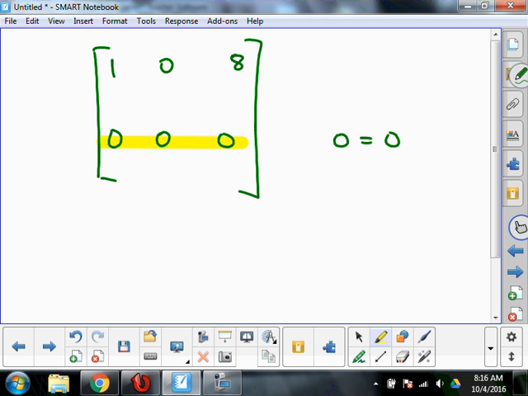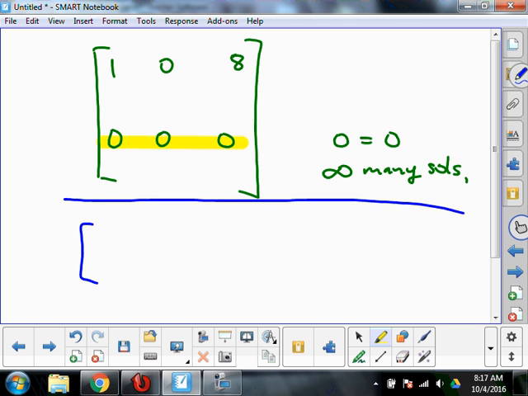Using the special systems like you're supposed to do on Friday's quiz. When you get an identity equation like 0 equals 0, what's true of the original equations? There were many solutions. We had overlapping lines. Remember that? Okay, so this would be one of those deals where we have infinitely many solutions, where we have the same line. And we'd have to go back to the original equations to see what that looked like.